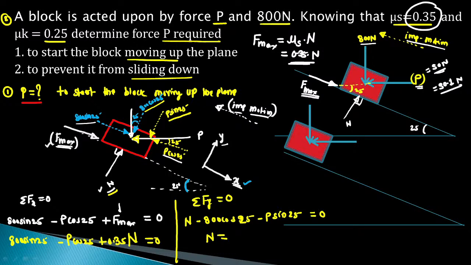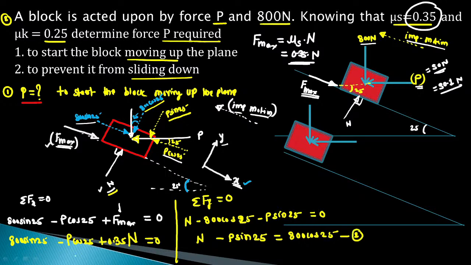We can write the equation for the normal reaction as N minus P sin 25 equal to 800 cos 25. Consider this equation, this is equation 2.